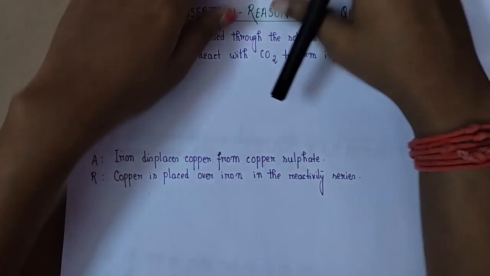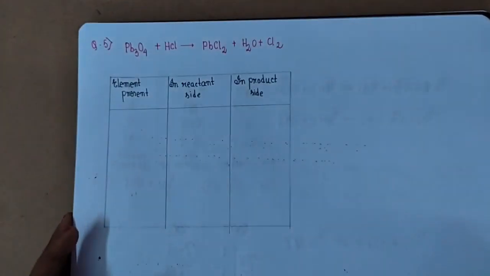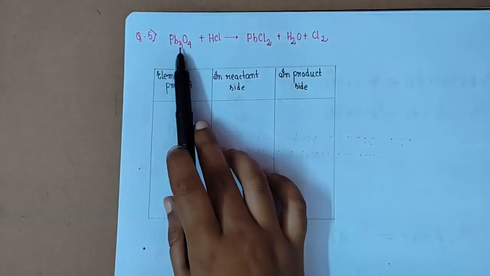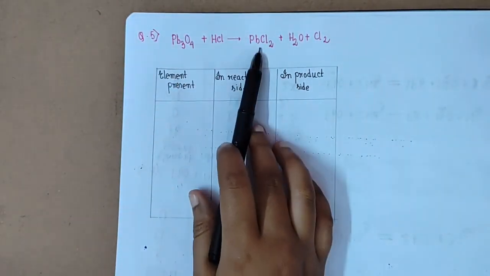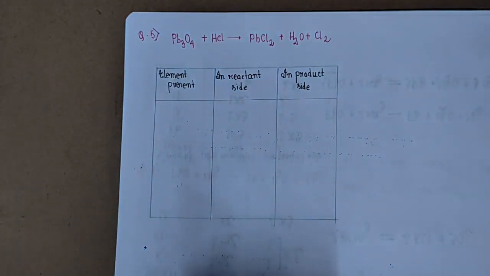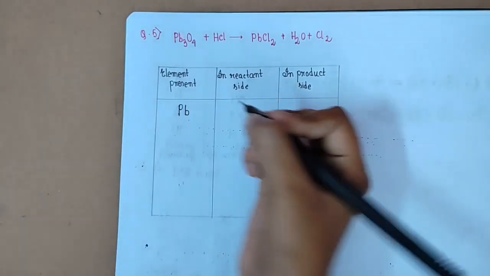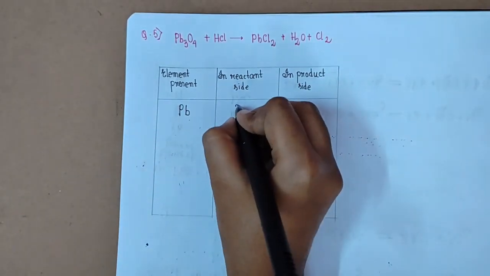And the last one. Pb3O4 plus HCl gives us PbCl2 plus H2O plus chlorine. So the same method we have to follow. What are the elements present? Lead. What is the number of atoms of lead in the reactant side? This is 3.